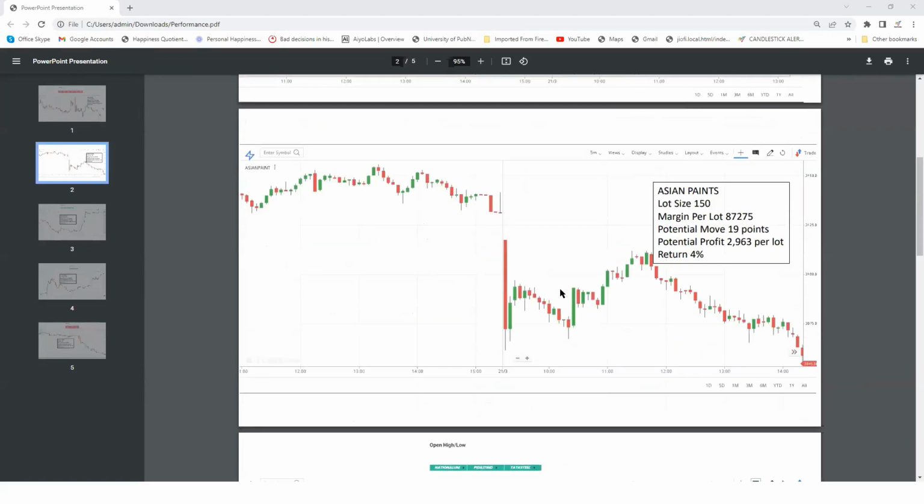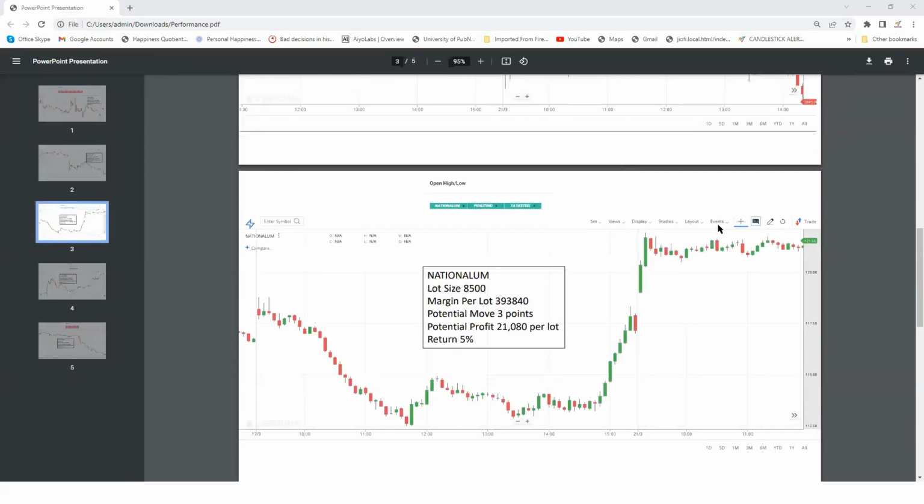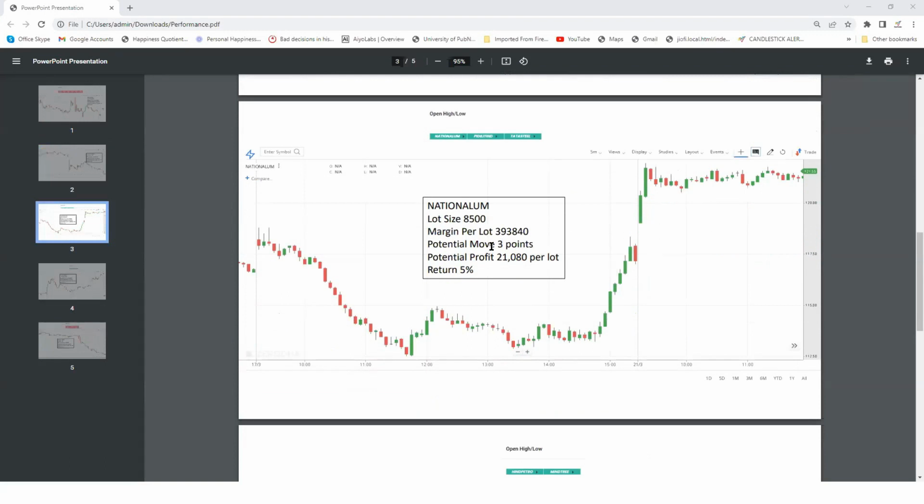Now, Asian Paints, इतना नीचे आ गया, but फिर भी it gave you a possibility of a decline, and you got a return of around 4%. Then you can see here, this is a buy in National Aluminium. Here, the move was 3 points, which is 2.5%.